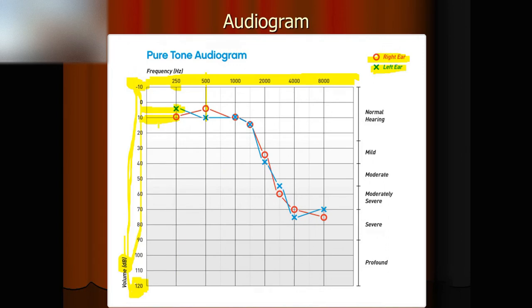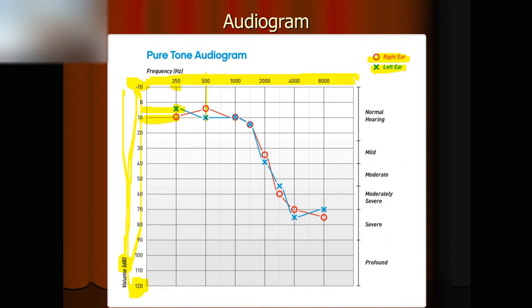Or we can see here, if the symbol is lower, it's worse for hearing. To categorize, we have 6 categories.